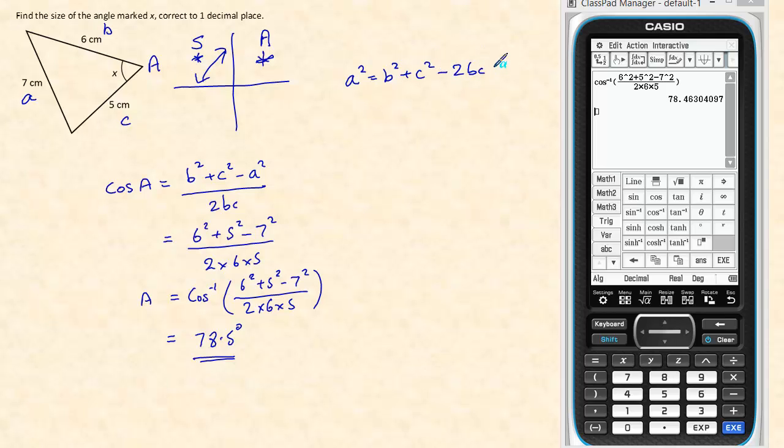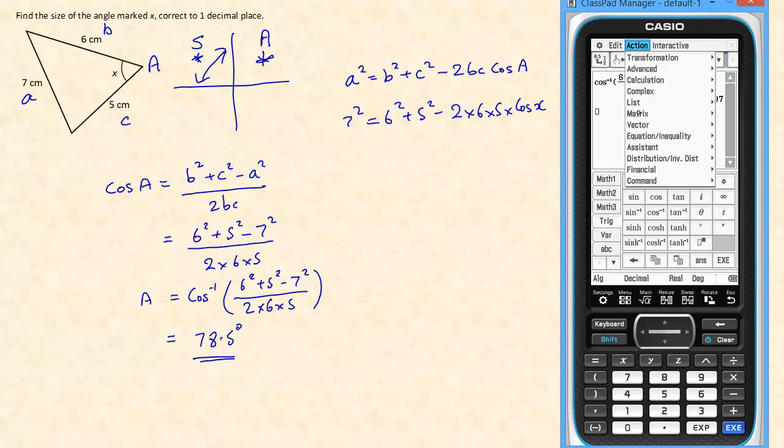So, like so, substituting in what we know, we've got 7 squared is 6 squared plus 5 squared, take away 2 times 6 times 5, times cos x. And action, advanced, solve.